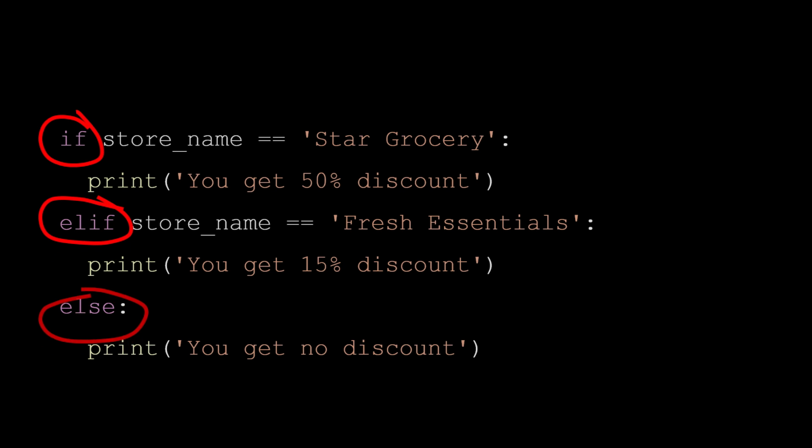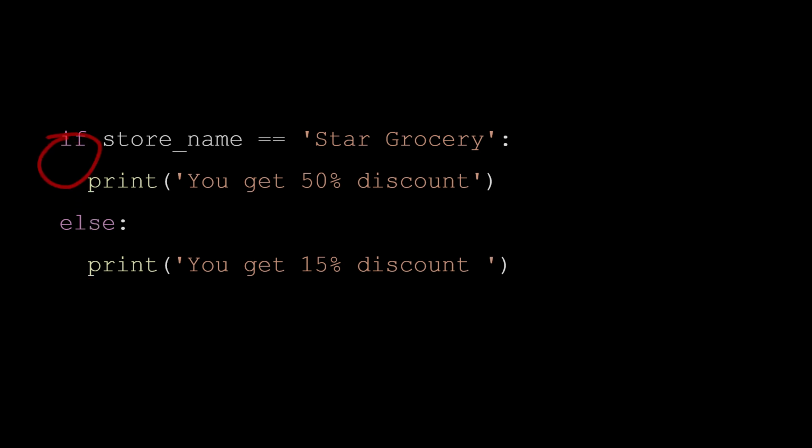Since we have three actions to take, we need three decisions. The first one is indicated by the line starting with if. The second one starts with elif, a short form for else if. And the third and the last one starts with else.